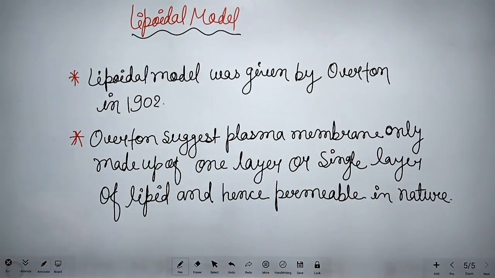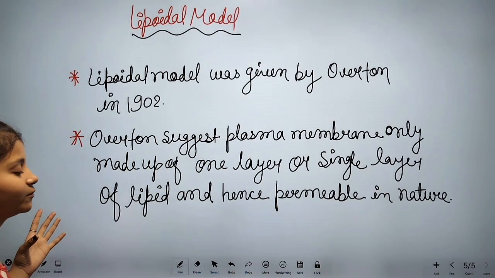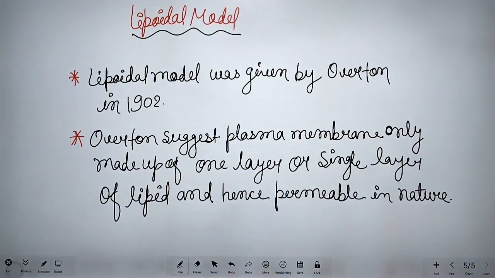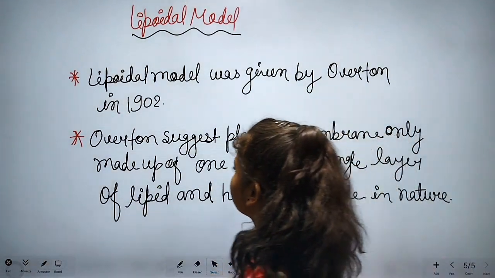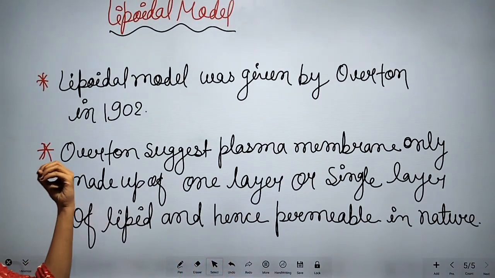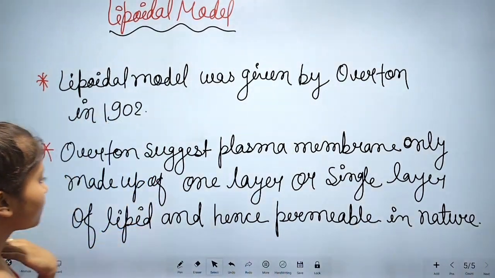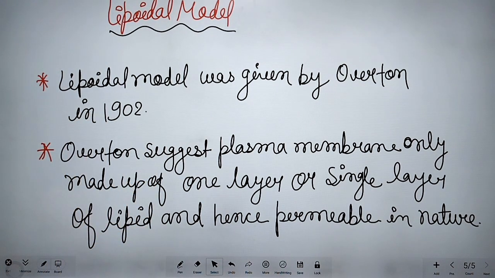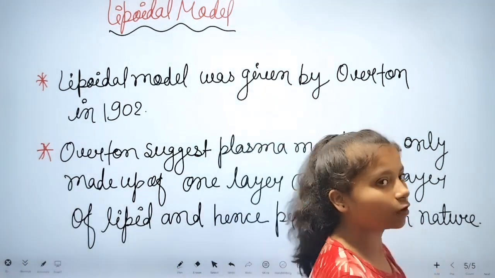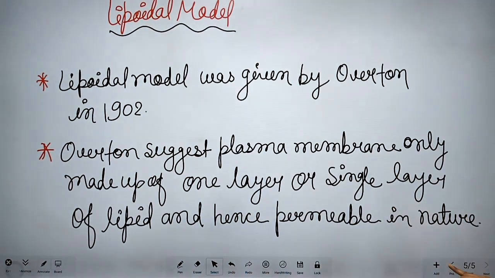Okay, but we all know that it is wrong, because the plasma membrane is a selective membrane. But he suggests that the plasma membrane is permeable in nature. It means it passes all things, whether solvent or solute.